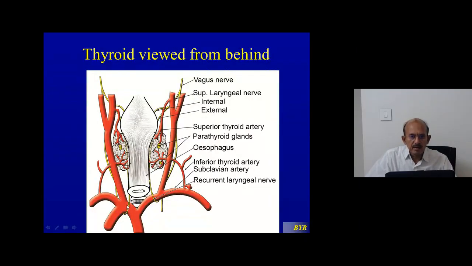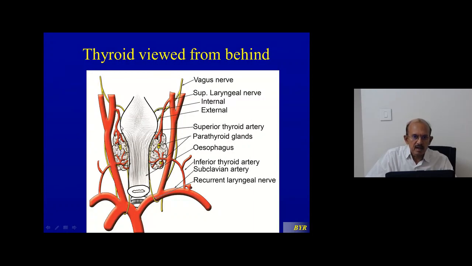So when you look from behind, this is what you see. This is the common carotid artery dividing into internal and external carotid arteries. External carotid artery is giving off the superior thyroid artery. You can see here the superior laryngeal nerve dividing into, this is the internal laryngeal branch, and the other one is the external laryngeal branch.